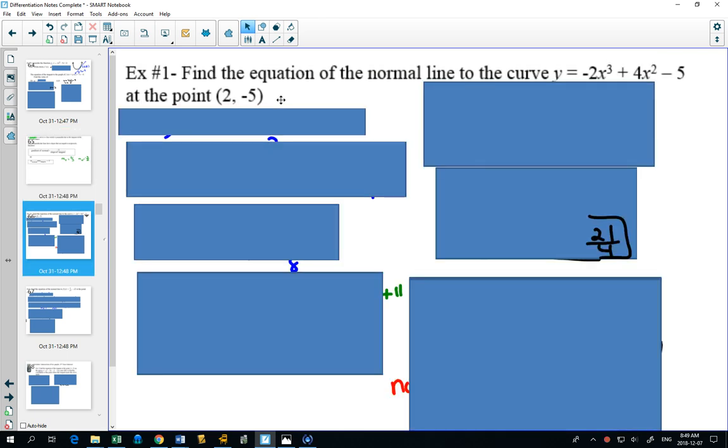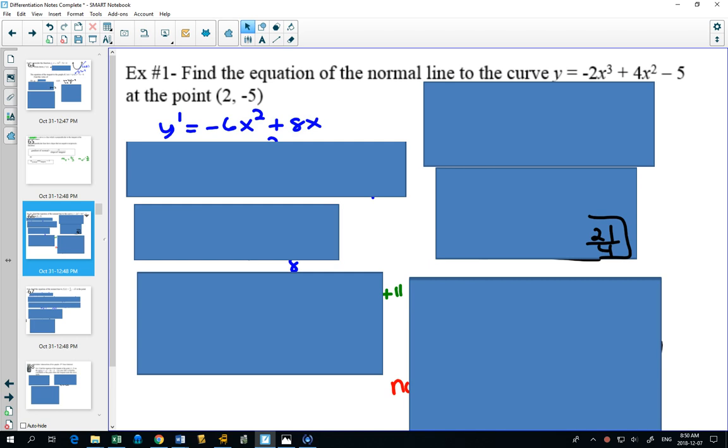So here's your typical find the equation of a normal line question. It is identical to finding the equation of a tangent question, except for one little switch, where we find the slope of the normal line instead of the slope of the tangent line. So how did we find the equation of a tangent?